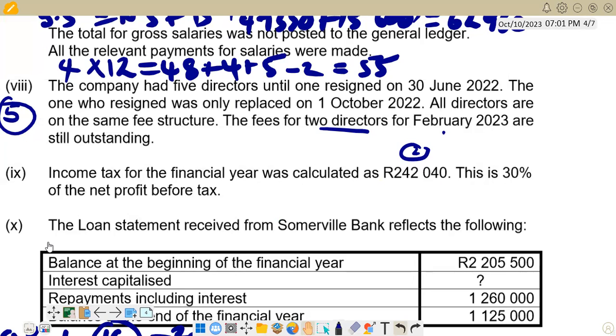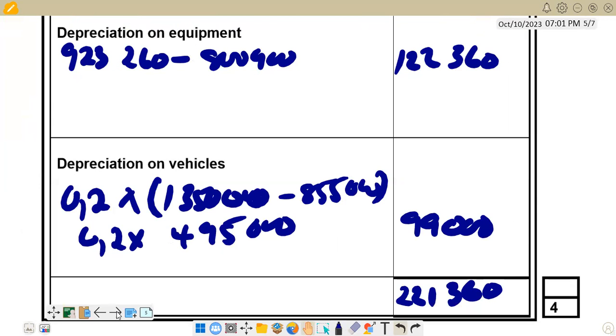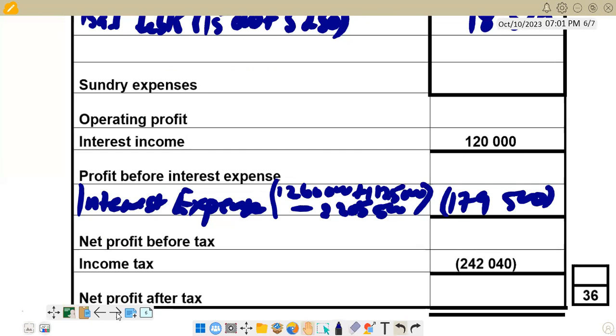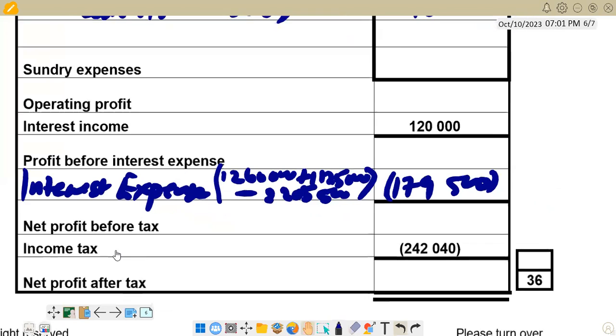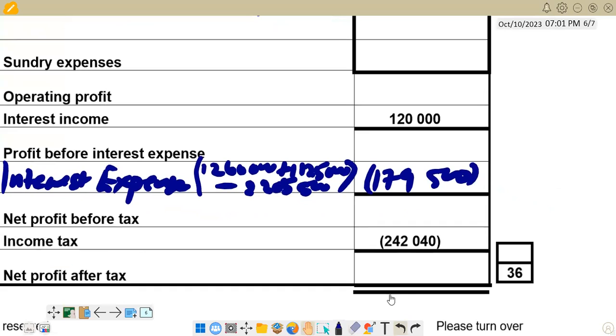So what does it mean here? Net profit before tax is the one which is 100%.